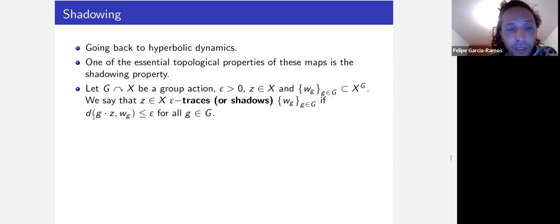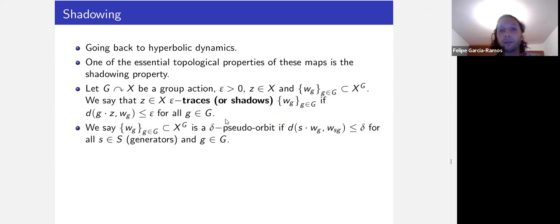So if T^g z and w_g are very similar. We say that w_g is a delta pseudo orbit.